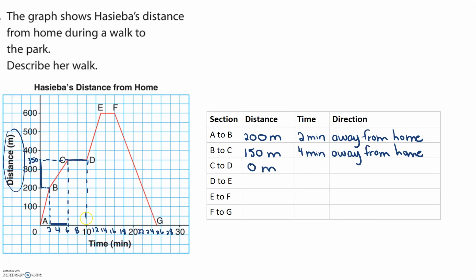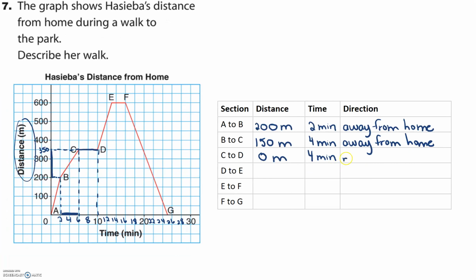She does that from 6 minutes to 10 minutes, which is a total of 4 minutes of doing what? Well, since the line is horizontal, a flat line, she's not moving. She's taking a break. Maybe her cell phone rang, or maybe she was waiting for someone. Who knows? It doesn't explain, but all we need to write is that she's not moving.